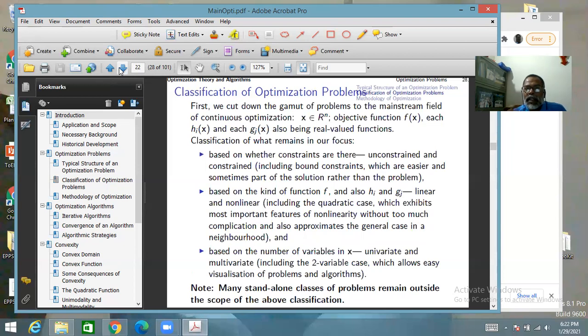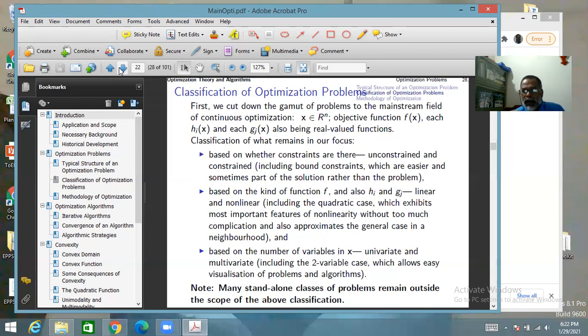First, let us cut down the kind of problems that we will be talking about mainly in this course. The main discussion is on the mainstream field of continuous optimization, in which the variables x's are real continuous variables.